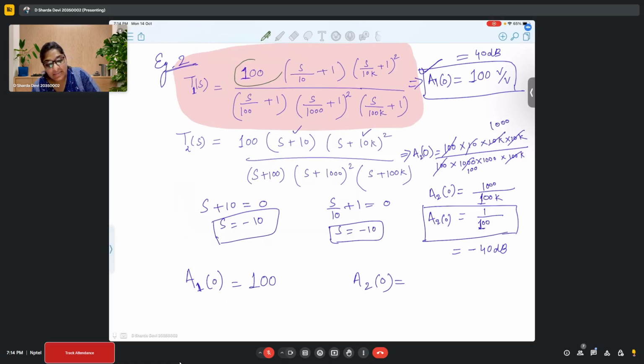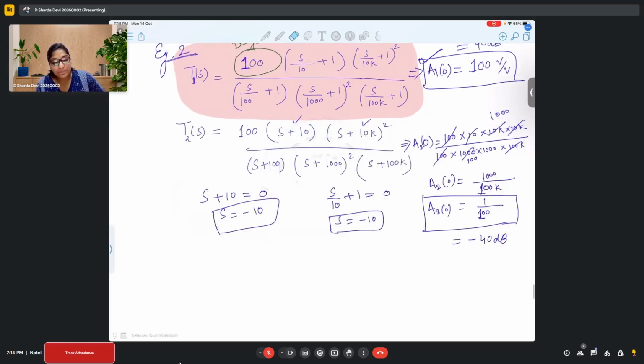You can clearly see this is your DC gain. So the moment you bring your transfer function to this format, it is easier for you to analyze things. Am I clear to everyone? Yes.